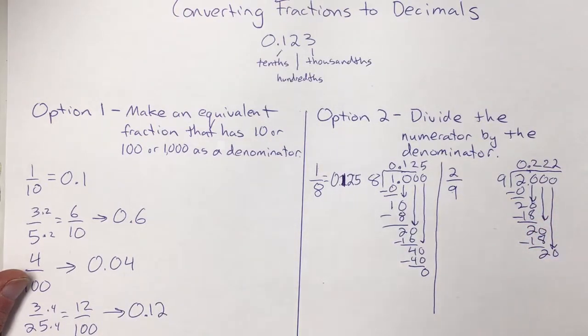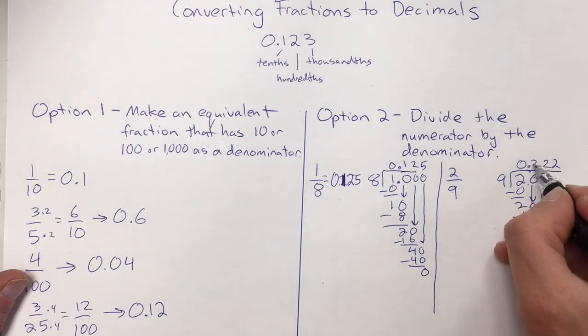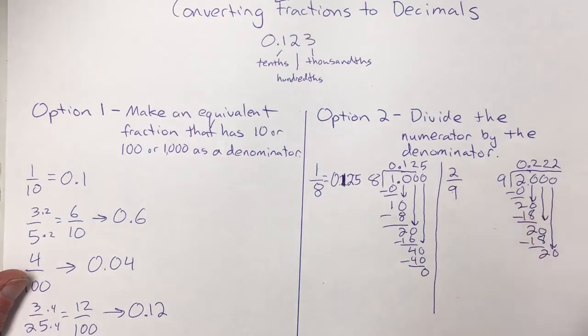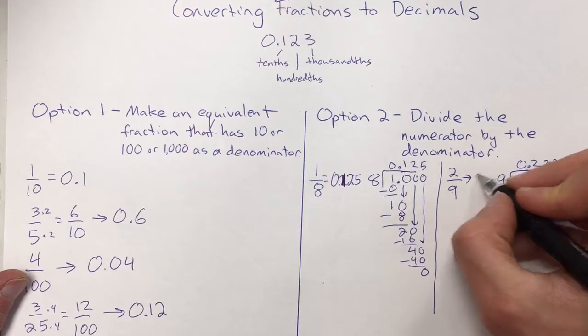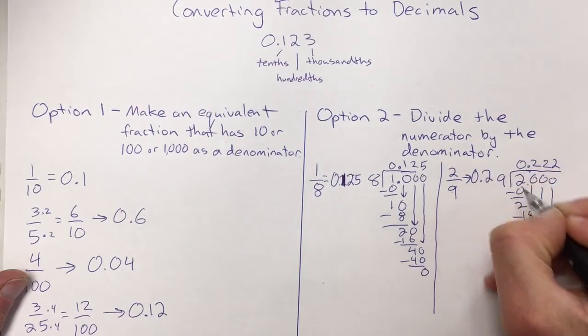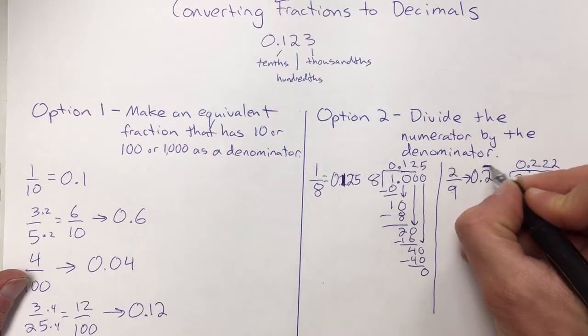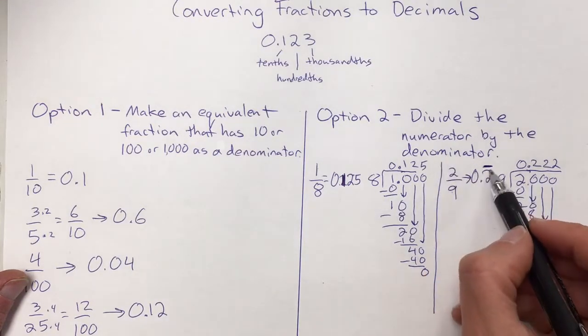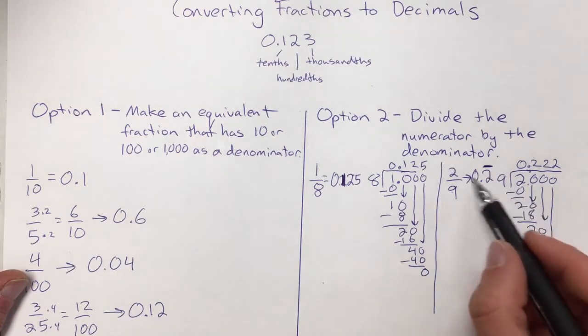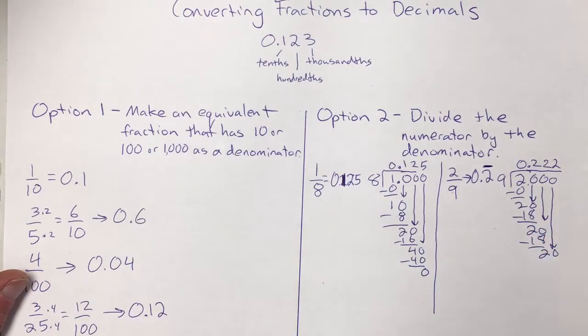It's going to keep going on forever. So what you can do in that situation is look at what is repeating. Now, it's just a 2 that's repeating. So I can turn this into 0.2, but I'm going to put a line on top, which means repeating decimal. So that would be 0.22222. So again, I just divided the numerator by the denominator. And that's basically all you need to do.